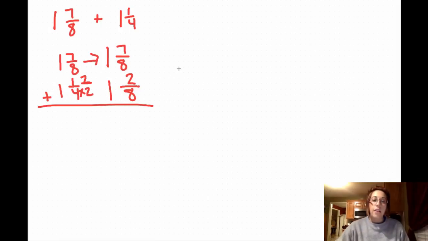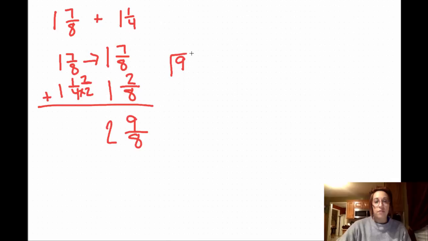We're going to go ahead and add our fractions first. It's going to be 8ths because they always stay the same. 7 plus 2 is 9. 1 plus 1 is 2. Now we have to check the fraction because this is an improper fraction.